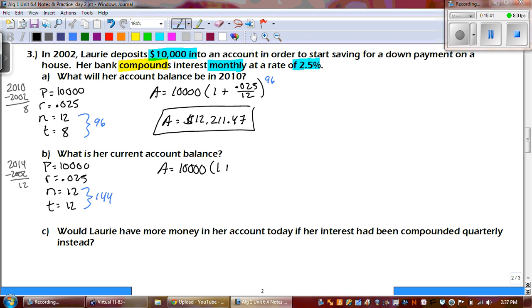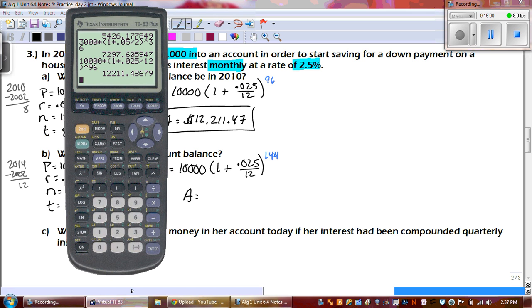10,000 times 1 plus 0.025 divided by 12, raised to the 144th power. Okay? Let's find that number. So 10,000, I guess this isn't going to work for me real quick.